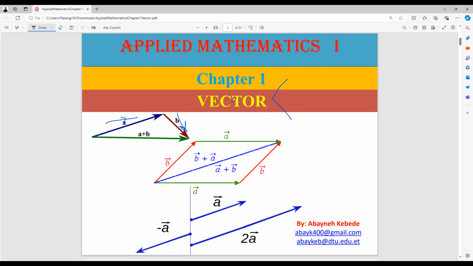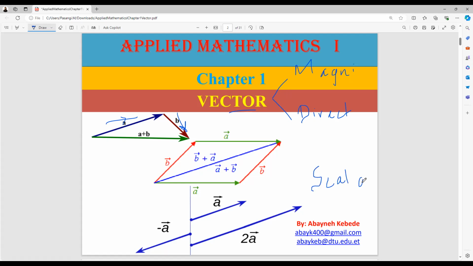So how does this vector differ from a scalar? In a scalar we have only magnitude, but for the vectors we have both magnitude as well as direction. That's the difference between the vector and the scalar.